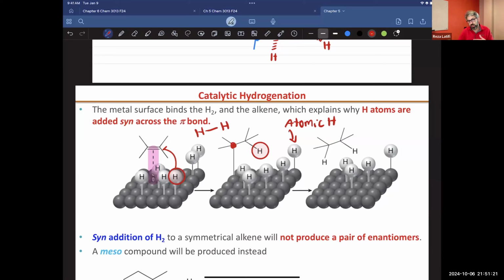Why? Because it's attached to the surface, and maybe I should not say it's not saturated. It is saturated, but it's attached to the surface. But if hydrogen gets involved, hydrogen will be given to that carbon, and if that hydrogen gets attached, now no need to have any interaction with the surface.